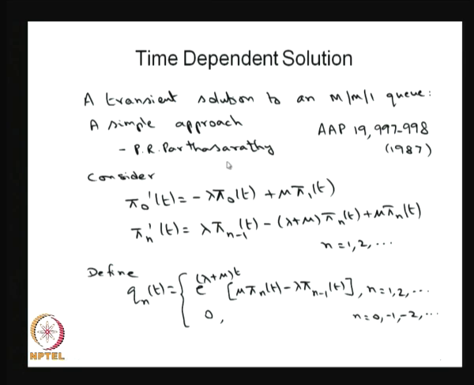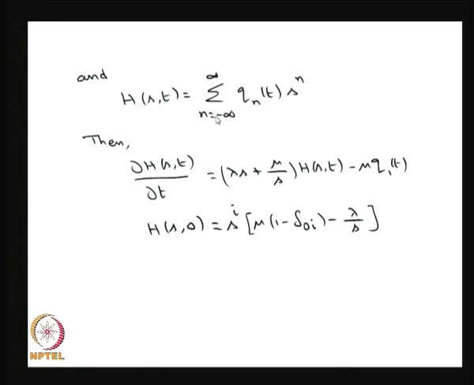In this paper he has considered the system of differential equations, that is nothing but the forward Kolmogorov equations, and defines a simple function Qn(t), that is a difference of the pi n's multiplied by e power (lambda plus mu) t. Once you use this definition, you convert this system of differential equations in terms of Qn(t) by making a proper generating function, of the form sum over n equal to minus infinity to infinity of Qn(t) times s power n.